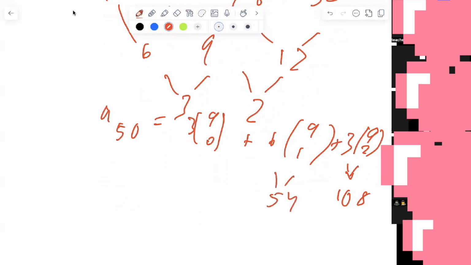And 3 times 9 choose 0 is actually 3, because 9 choose 0 is 1. Adding all these up gives you 165. So you should memorize this one, and this might be really helpful in the upcoming problems.